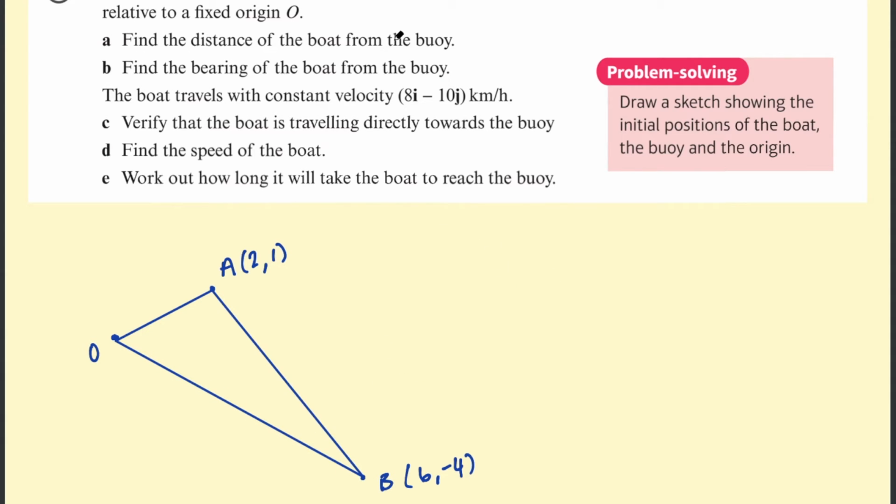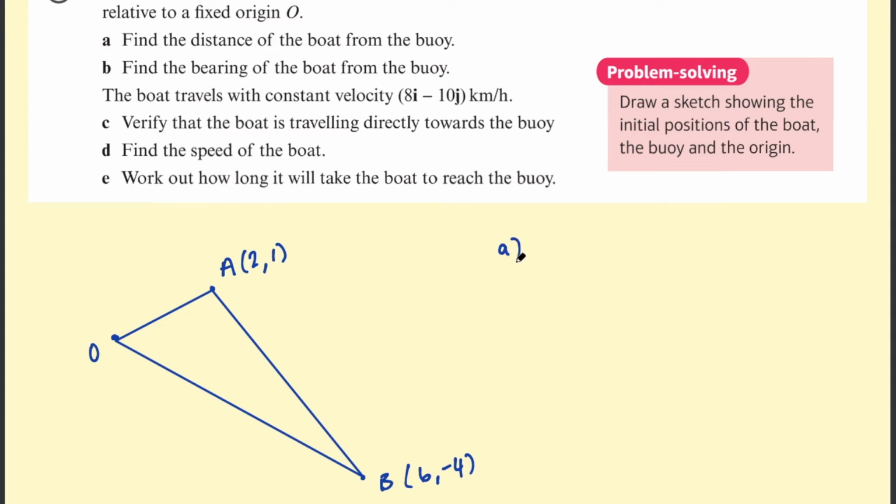All right, so I need to find the distance of the boat from the buoy, and B was the buoy. Well, we could find the vector AB and then find that magnitude. Basically, we're finding the difference between the coordinates. So we've gone 4 units along the x-axis, 2 to 6 is 4, and then from 1 to negative 4, that's 5 units down.